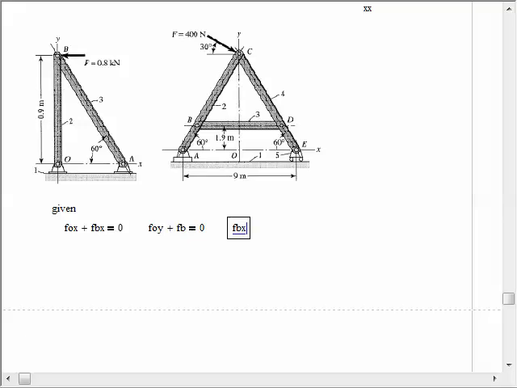FBX times 0.9, and if FBX is in the positive direction, it would cause a right-hand rule negative moment. So just to be careful, I'm going to go ahead and put a minus in front of that.